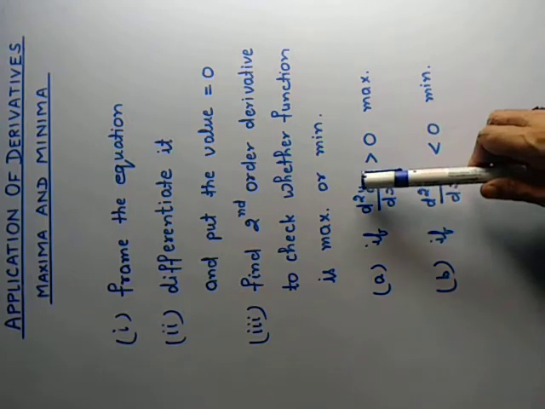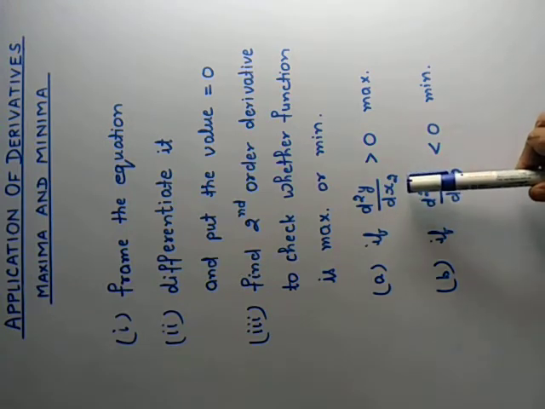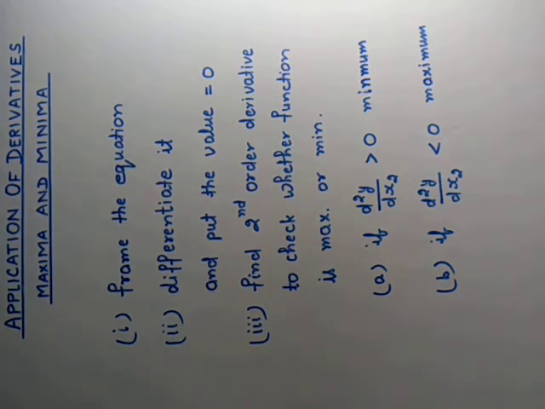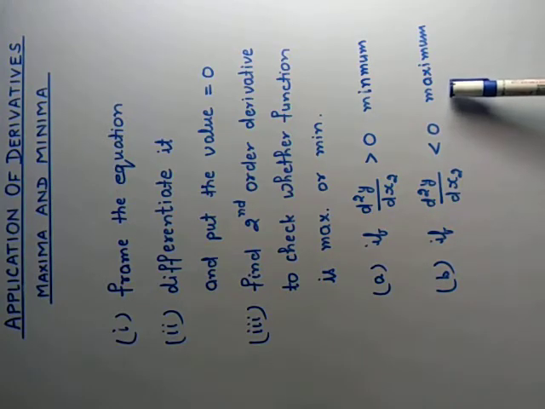If d2y by dx2 is greater than 0, then the value of the function is minimum. And if the second order derivative is less than 0, then the value is maximum.